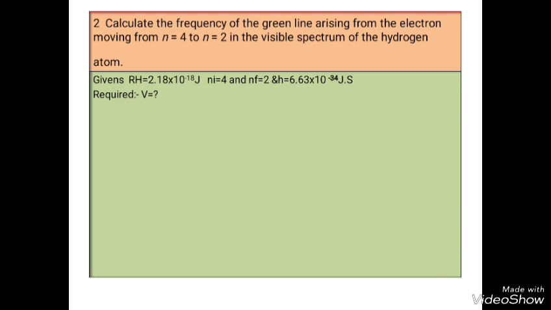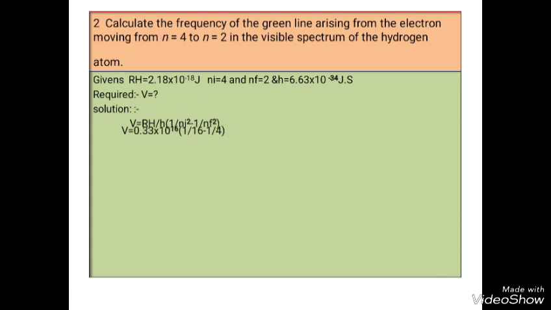Also in this question, when an electron transits between its energy states, it has its own frequency. To calculate the frequency of the emitted light when it transits between two energy states, frequency equals RH over h in brackets 1 over initial energy state square minus 1 over final energy state square.